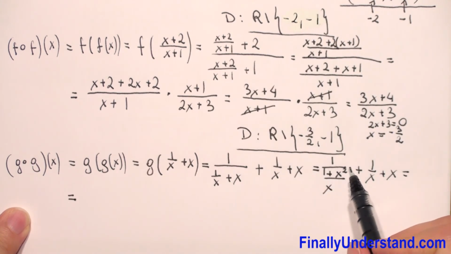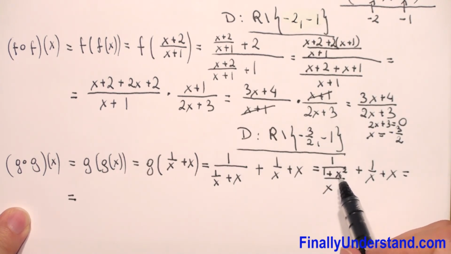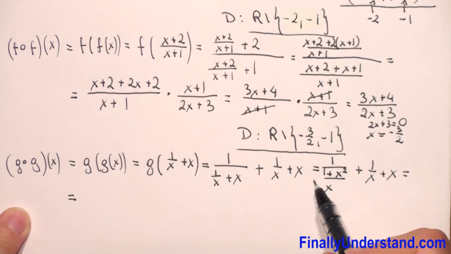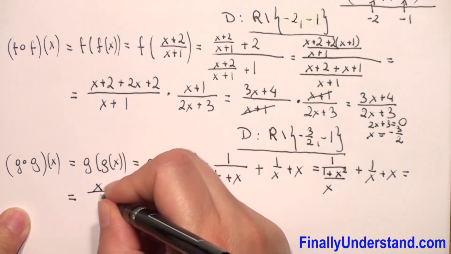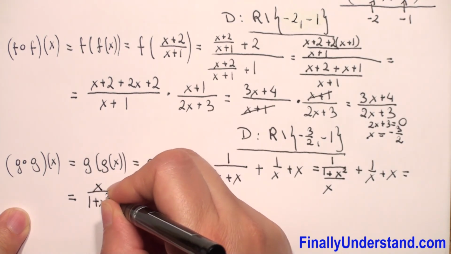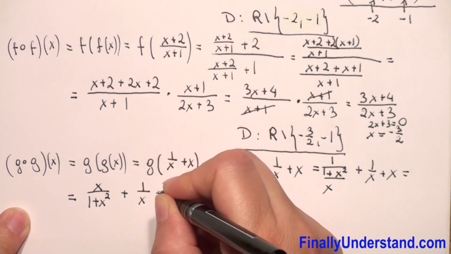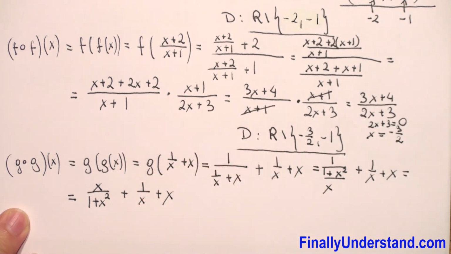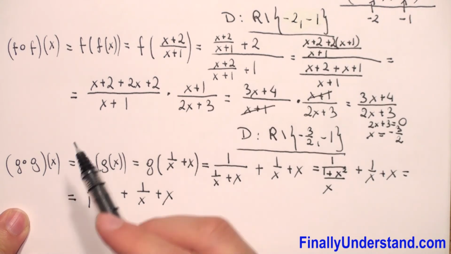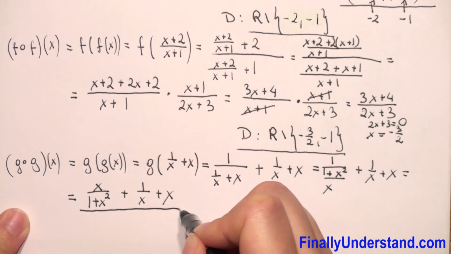We have division here, so I will change to multiplication 1 times, and I have to flip this expression, so it will be x over 1 plus x square, and the rest we have 1 over x plus x. This is our g of g composition.